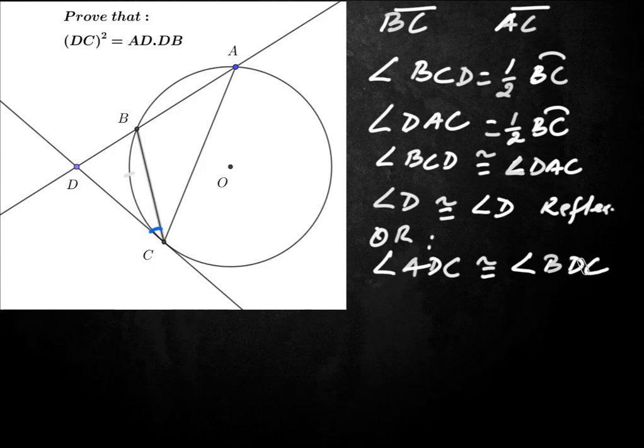So we now have the angle similarity. That means these two triangles are similar, and therefore triangle ADC is similar to triangle CDB.